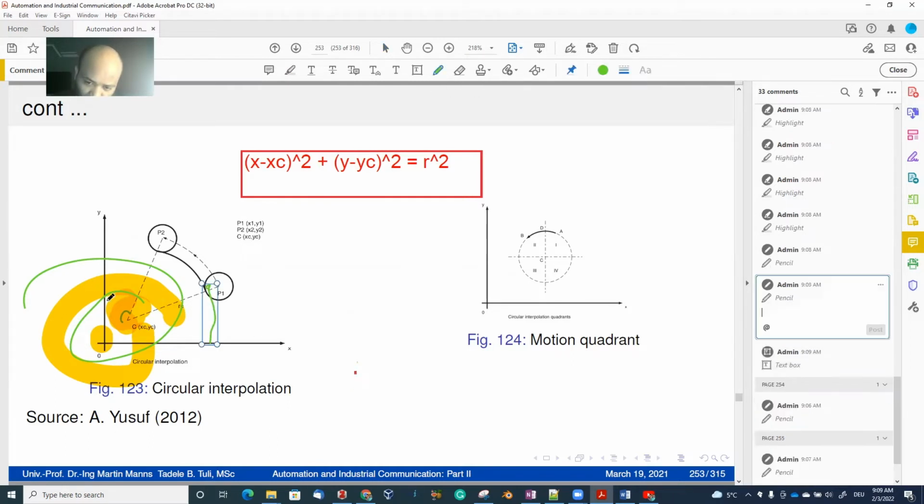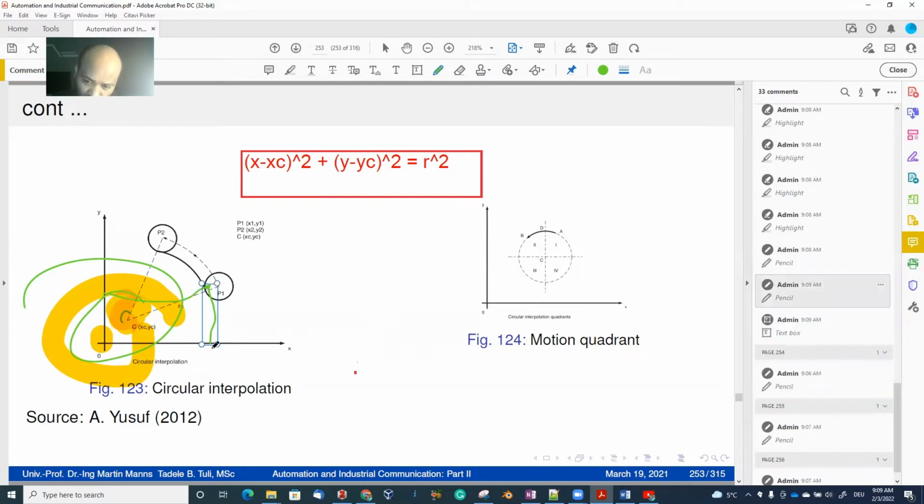Then for the second point you need x and y position, for the third point x and y position, and when you are here, y position and x position. Let's say this is 0, 1, 2, 3, and then finally at the fourth you are there.